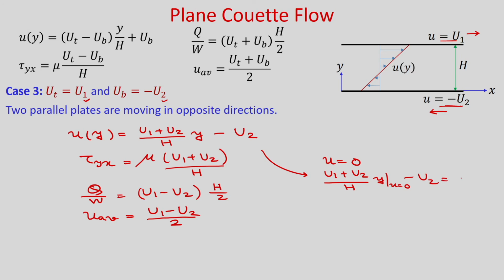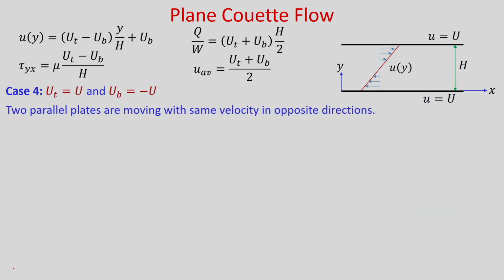That will give y where u is equal to 0 as just U2 h divided by (U1 + U2). So, you can see the velocity distribution will look like this. It is a linear profile, and at this distance the velocity will become 0.